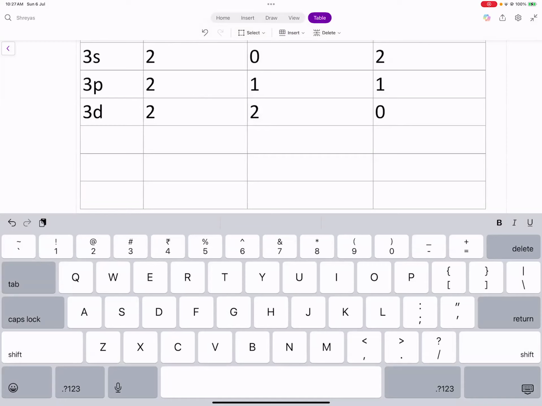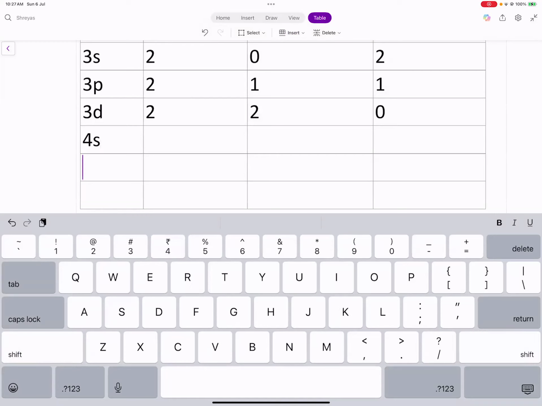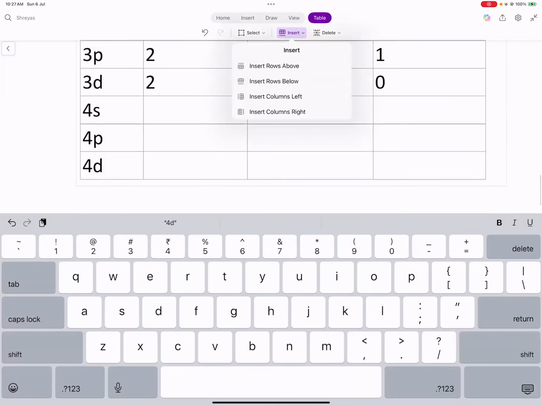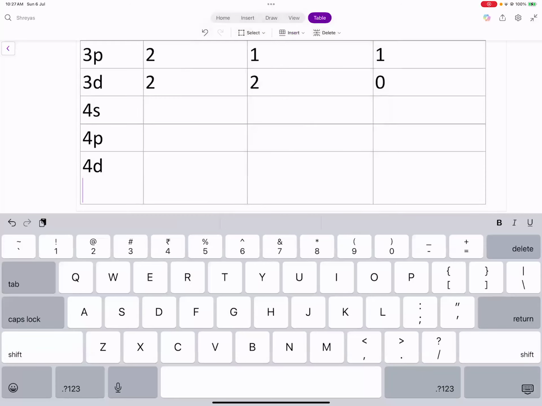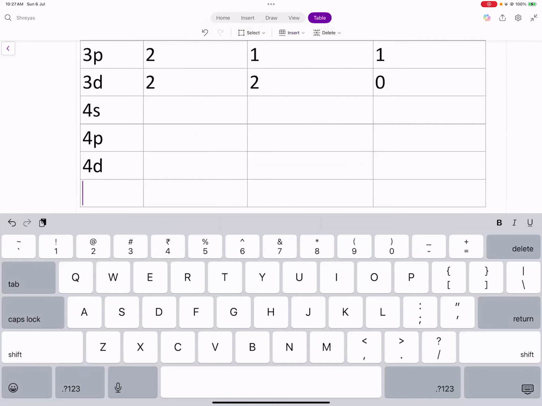So let us have 4s, 4p, 4d. Sir, I think if you just hit enter, you'll automatically create a new row. No. Insert. No problem, no problem. It's okay. Now I made my peace with it.